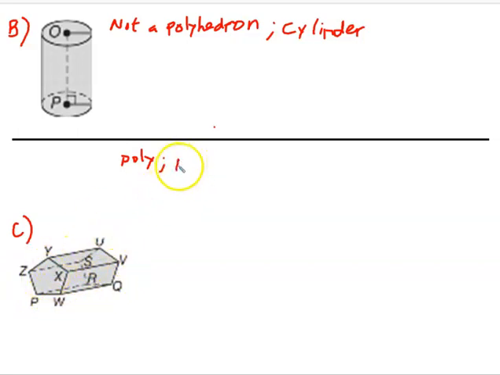And this would be called a pentagonal prism. So you'll always have some adjective in front of the actual word, whether it's a prism or a pyramid, based on whatever the polygon of the base is.